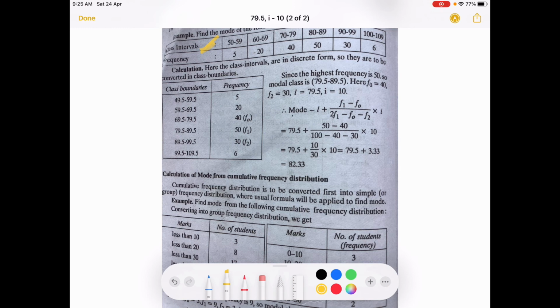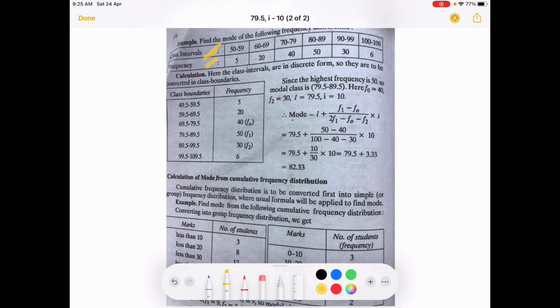From this you have to find the mode. You can do it directly now, since all the things are given in class boundaries.